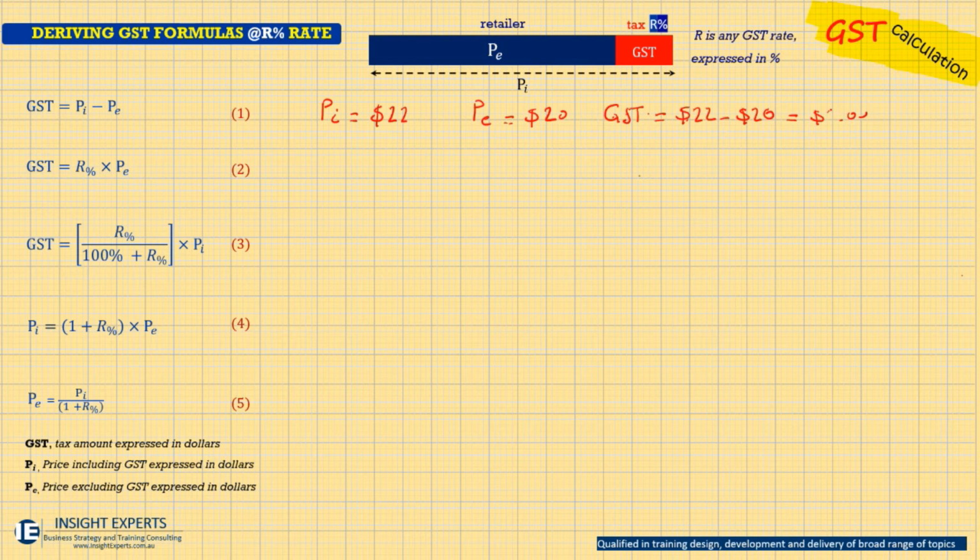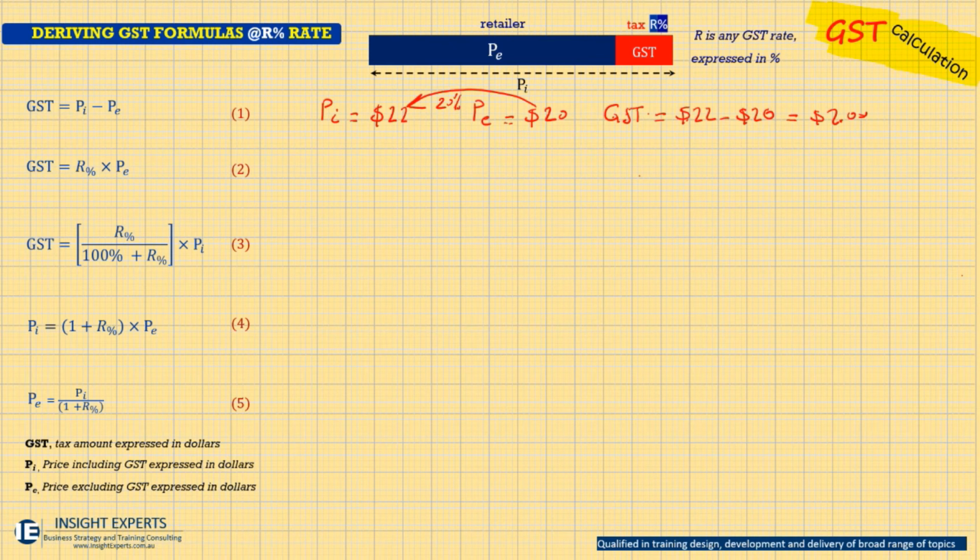Now, the GST rate is not actually shown here, but I can still see that to jump from $20 to $22, there is a tax rate of 10%. So the tax rate is built into the formula, but it's not actually shown here. So the bottom line to prove equation number one is simply, for any GST rate, you subtract the prices before and after tax.